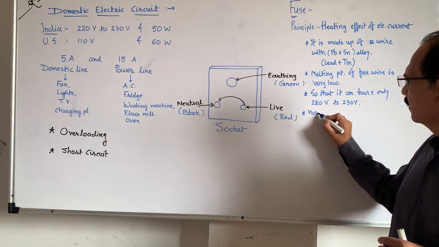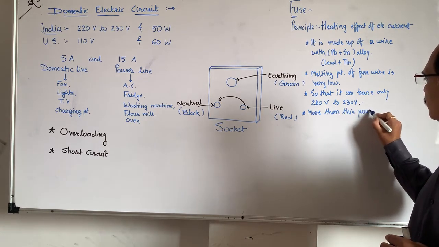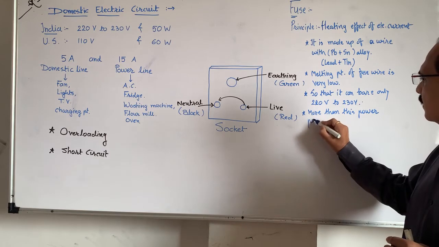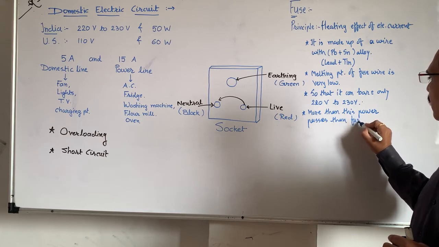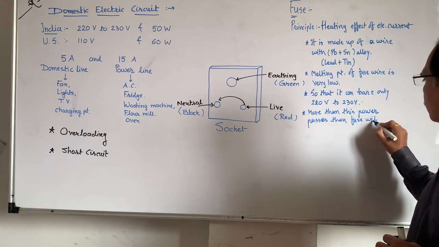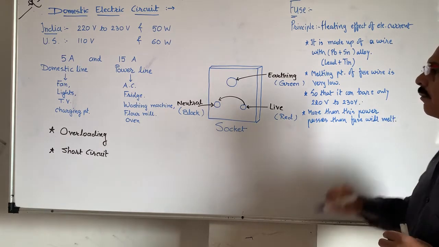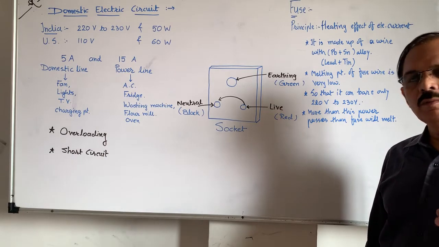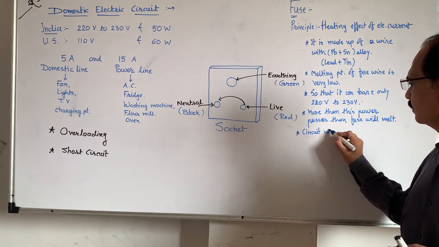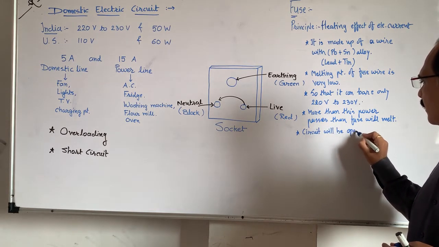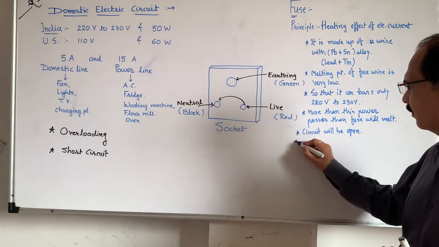If more than this power passes, then the fuse wire will melt. Once again, if it melts, we say that the circuit will open. No current flows, and so appliances remain safe.